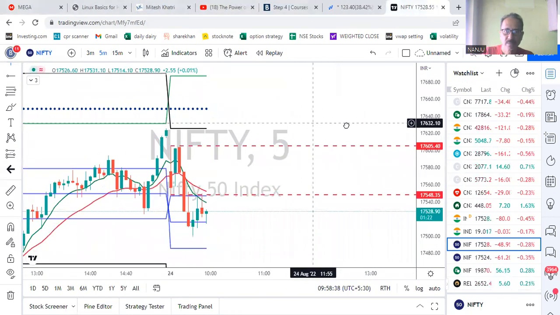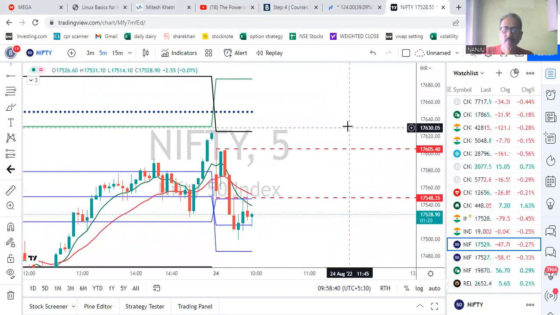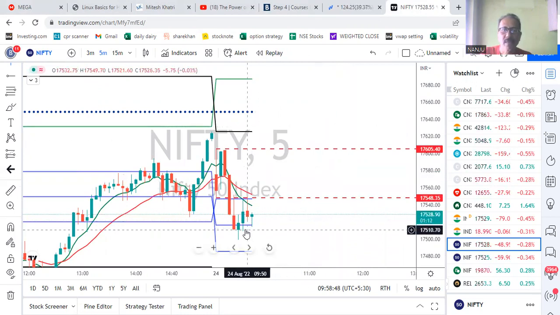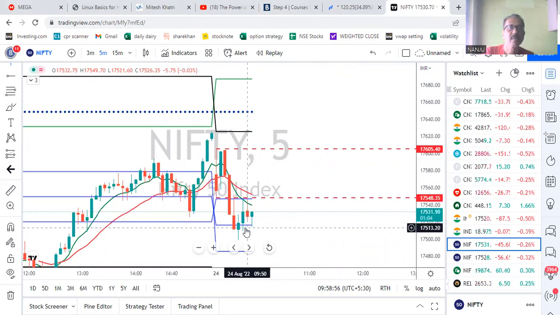My first priority is to look for a candle whose range is below 20 points. See, for example, this red candle, which is formed at 9:50 on a 5 minutes time frame, the range of this candle is 30 points.